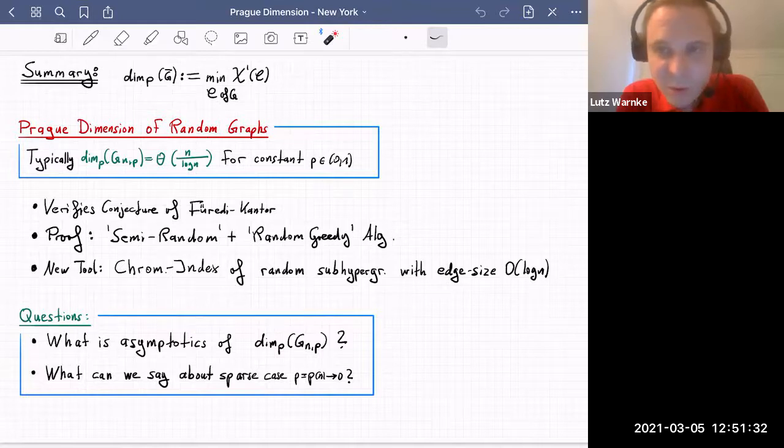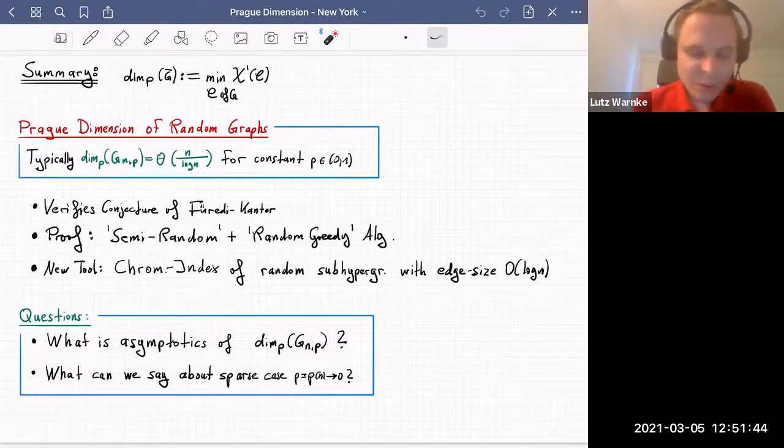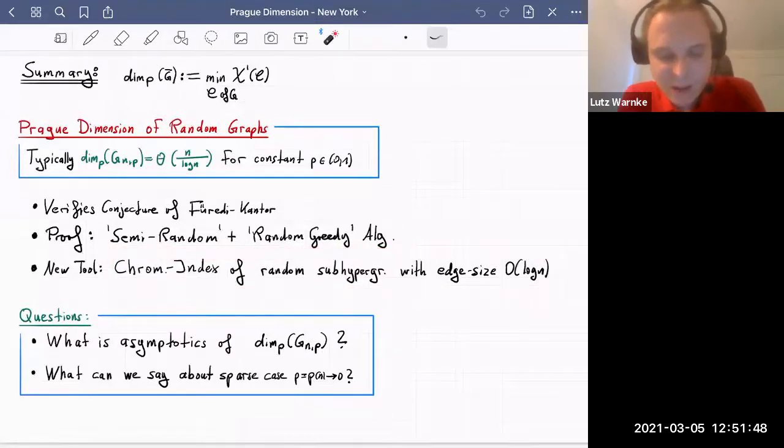The proof used two nice random greedy approaches to first find the decomposition of the edges into cliques and then color them. And the main new tool, which I think would be very nice to see more applications of, is to extend this Pippenger-Spencer type result to a random setting. And in this random setting, we could allow for edges not of constant size, but of growing size. I really would like to see some more applications of that.